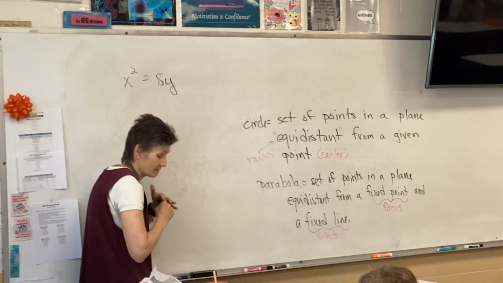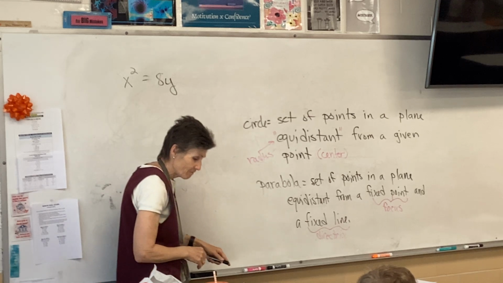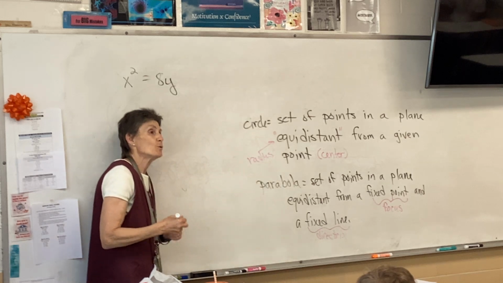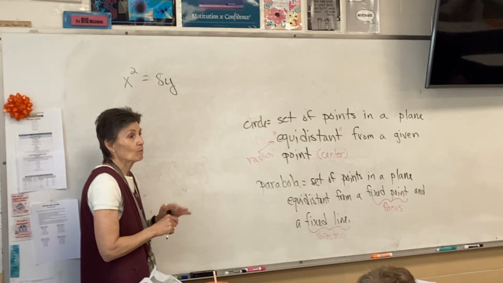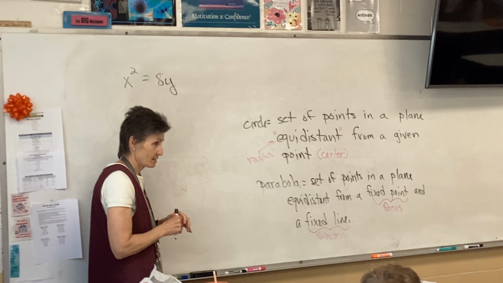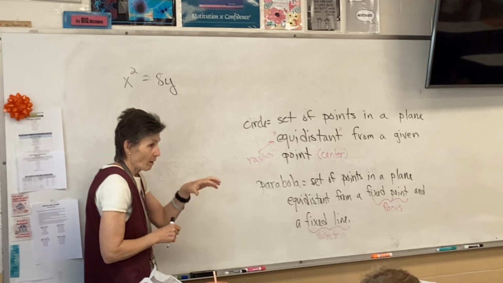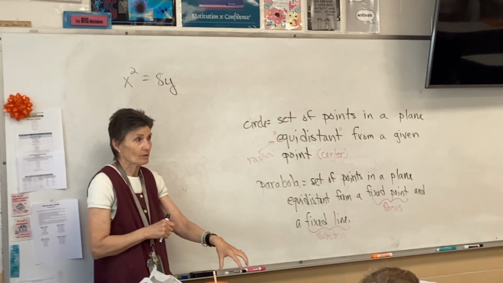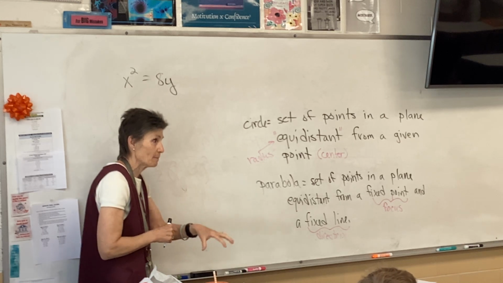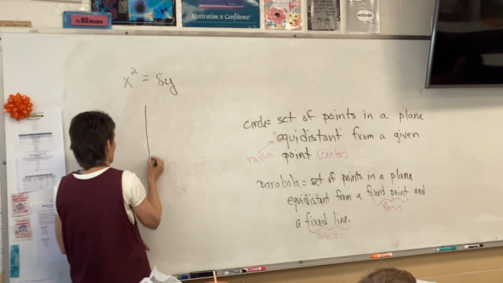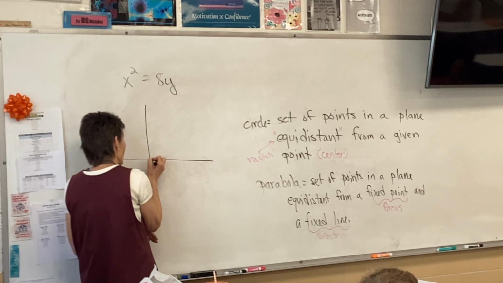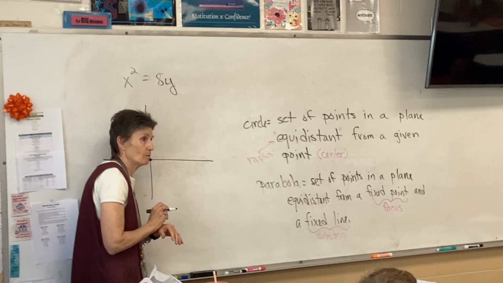All right. Find the vertex, axis of symmetry, focus, directrix, and focal width. You are not going to believe how easy this is. So I've given you a grid because I think it's way easier if we actually graph it. So I'm going to be graphing all of this. The vertex is at the origin, 0, 0.